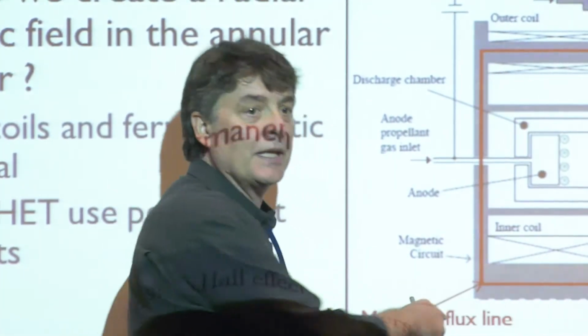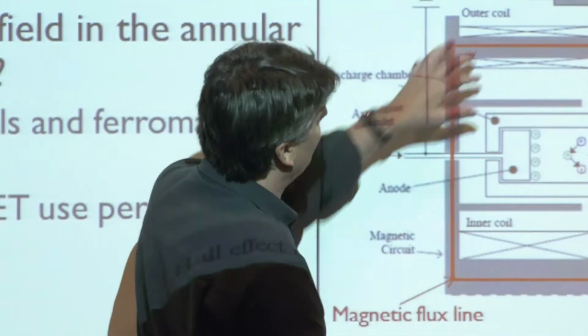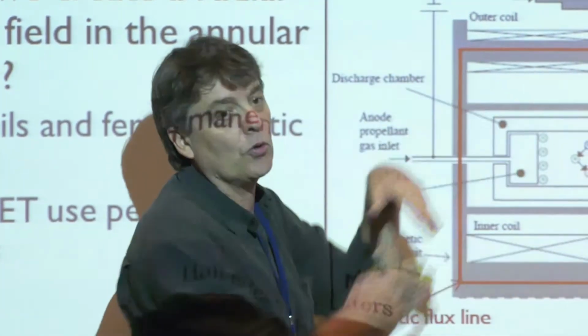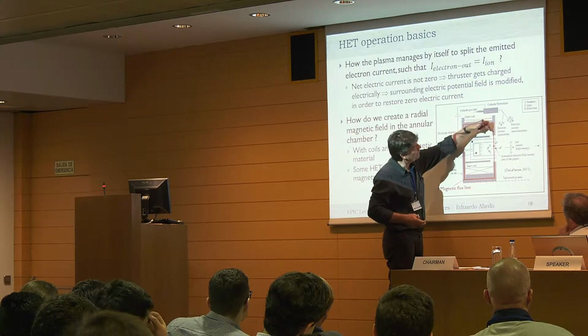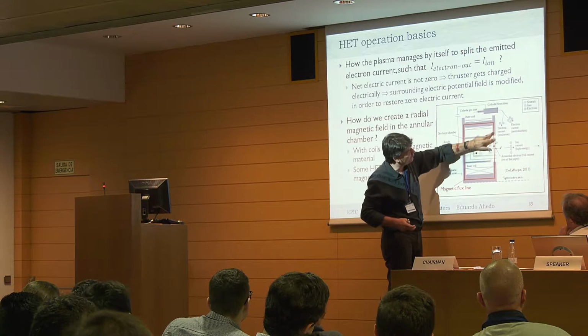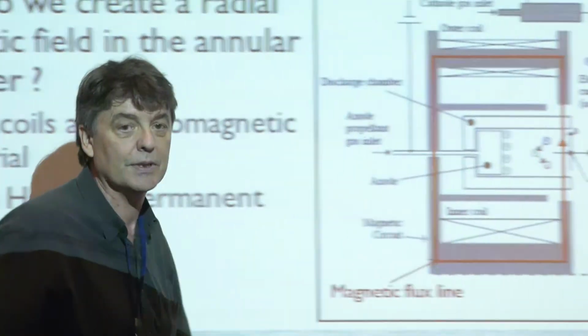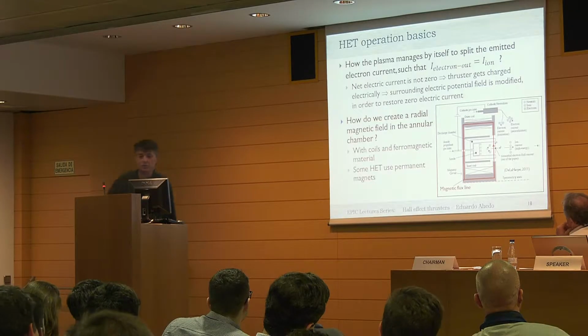Then this is a ferromagnetic material, so all the magnetic lines go this way. We have other coils here to better control how the magnetic lines go. And then the magnetic lines jump into this vacuum, where we have no ferromagnetic material, and we have this radial magnetic field. This is the way we create the magnetic field.